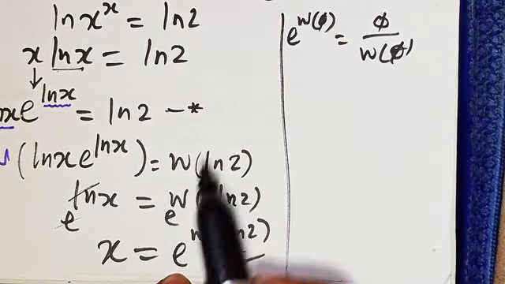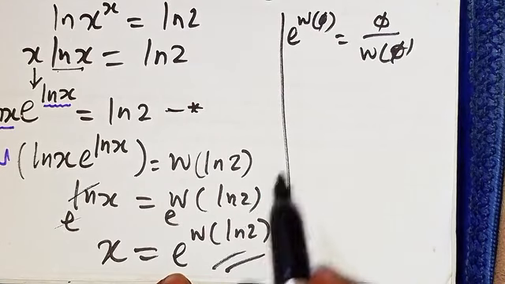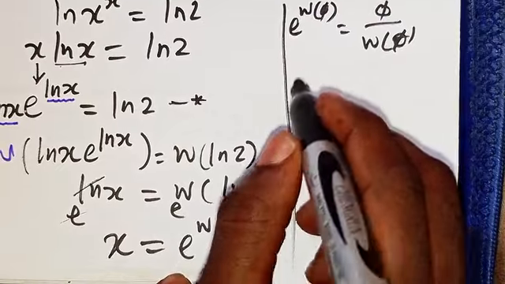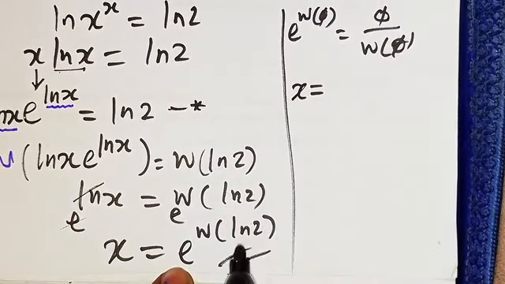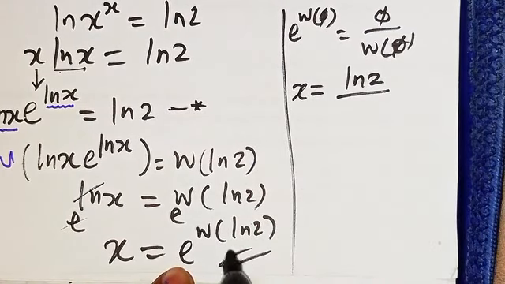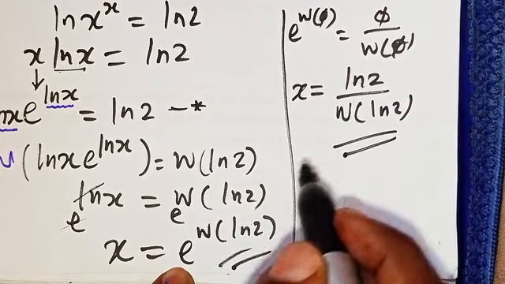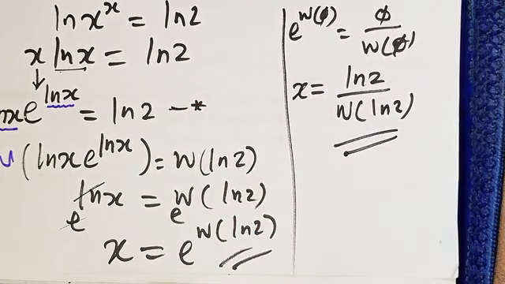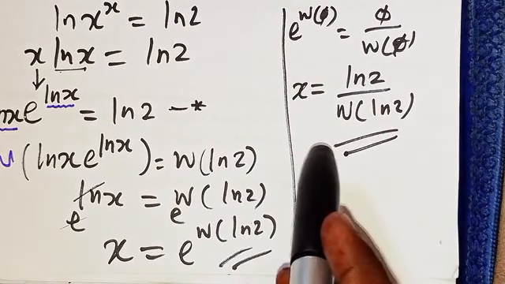So phi is like the function here. Like we are having ln of 2 here. So if I want to write this, I can have my x now. X is now going to be, this phi will replace the ln of 2, so I have ln of 2 divided by W of ln of 2.